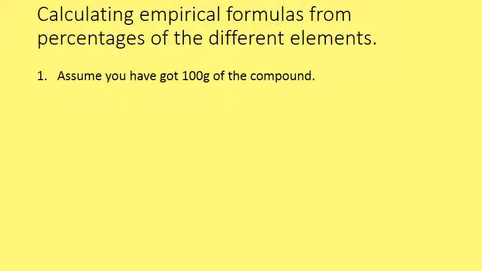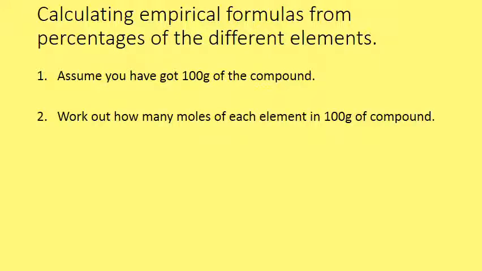Okay, so let's go through the several step process. Because we're dealing with percentages, the first thing we can do is assume that we've got 100 grams of the compound. Then 1% is 1 gram. That makes the numbers very easy. Once we've done that, you work out how many moles of each element there would be in 100 grams of the compound.